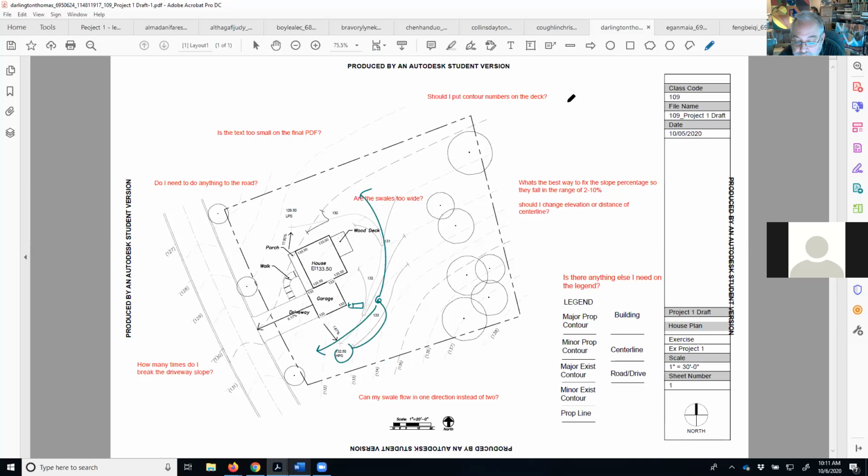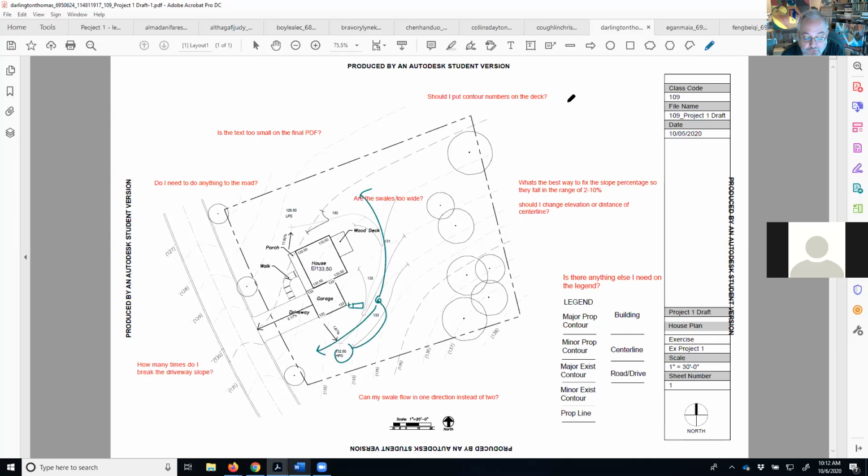What is the best way to fix the percent slopes so they fall within the 0 to 10 range? You got several ways to do that. If you look at the recorded lecture number 2, it gives you a whole bunch of those. Number 1, you can change the location of the high point.